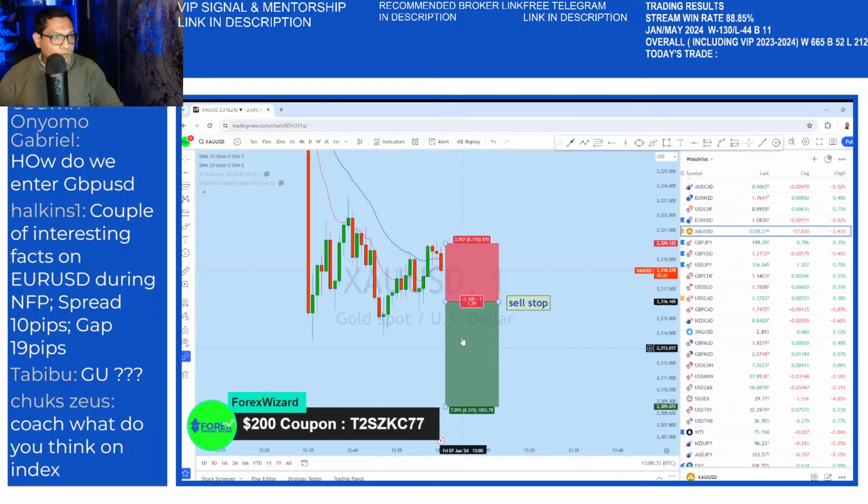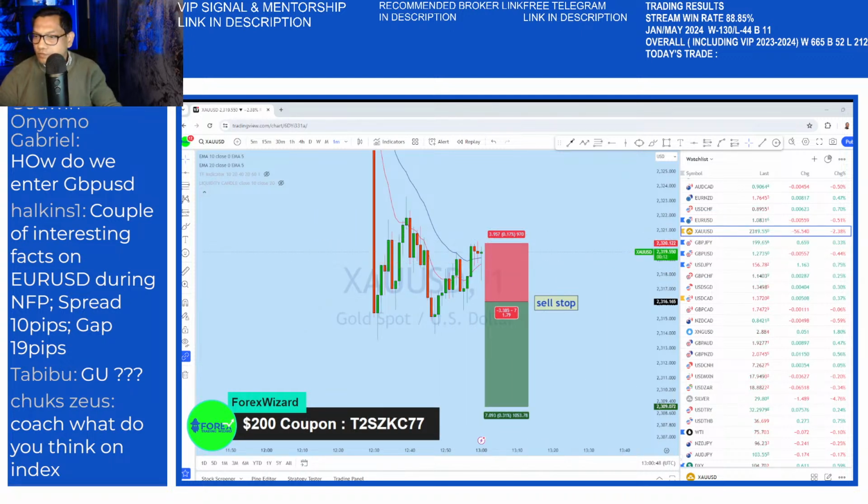So if it drops, we will be getting triggered, and then if it drops below, we will be taking the profit. So are you with me? Have you understood this trade, how we are placing the pending order? If it is not dropping, then we are not going in. You might need to readjust if it doesn't drop.